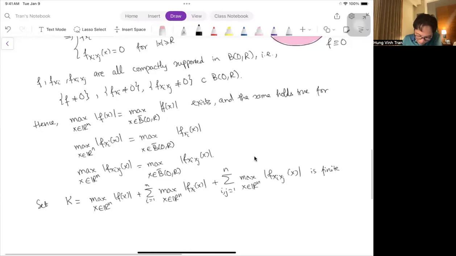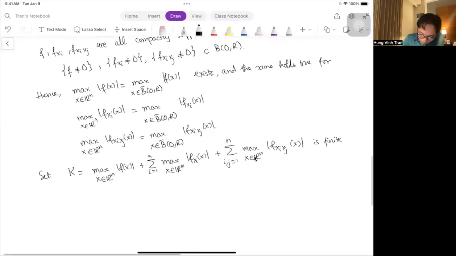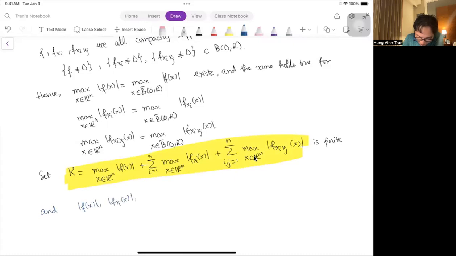Okay, and let me put a highlight here. So we define this constant k to be like this, which is a finite constant, and we have simply that |f of x| or |fxi of x| or |fxi xj of x| is always less than or equal to k for all x.